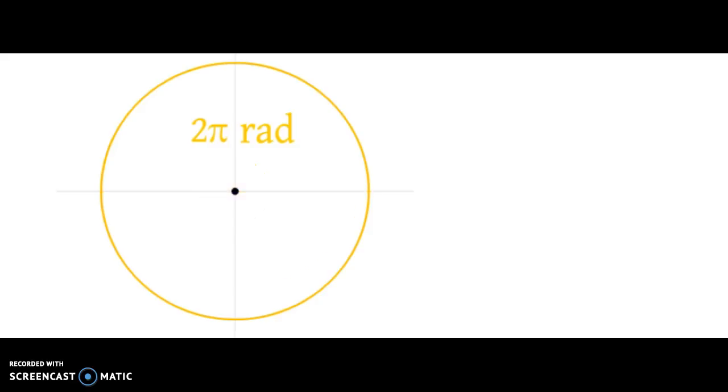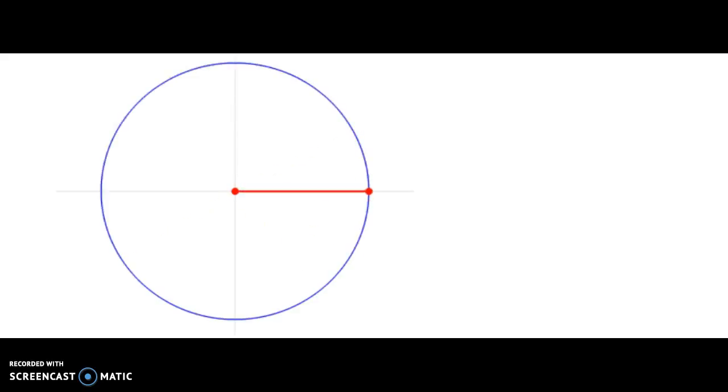Once again, we'll run through this animation just to see where the idea of radians comes from. We take our radius in red here, put it outside onto our circumference, and the angle created by the endpoint of our radius is called 1 radian. Now we have 1 radian, 2 radians, 3 radians, then pi radians.